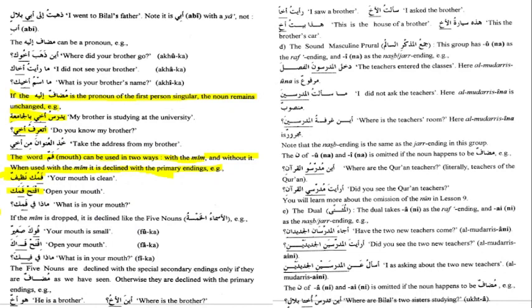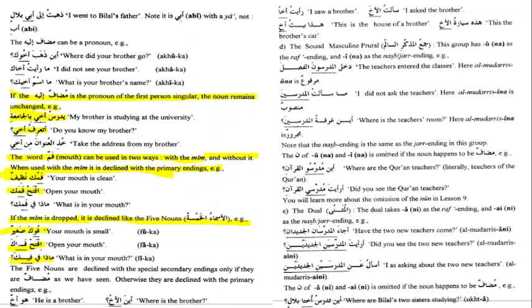But you can also say the noun without the mim. So if the mim is dropped, now it is part of the asma al khamsa. For example, you say your mouth is small, which is fuka saghiron, and then iftah faka, and then maza fi fika.